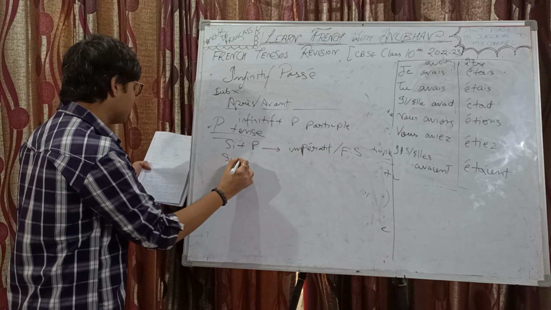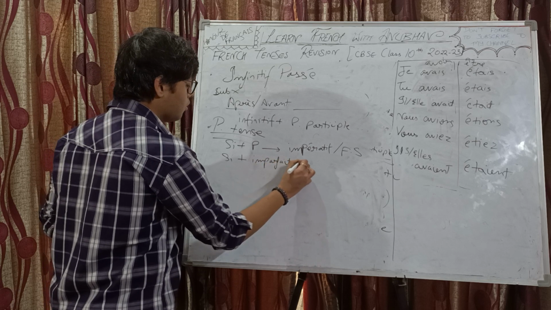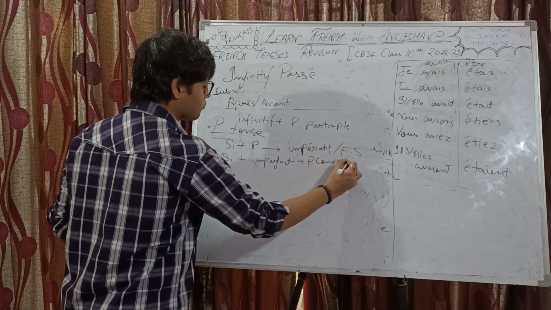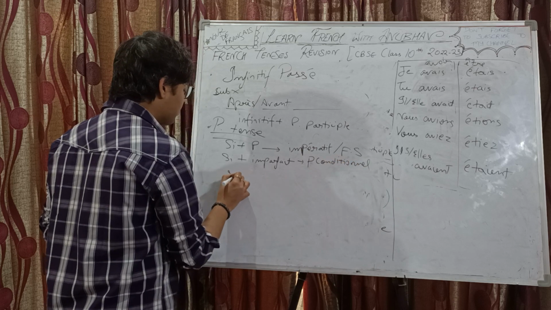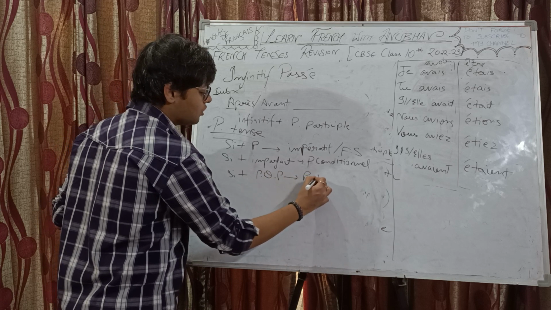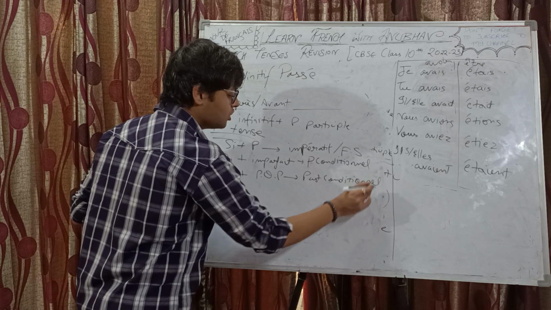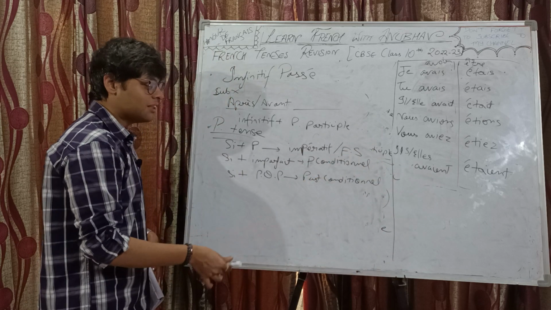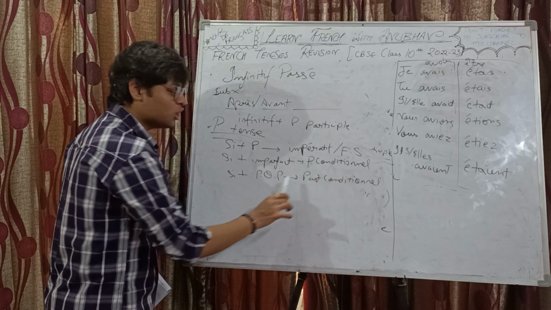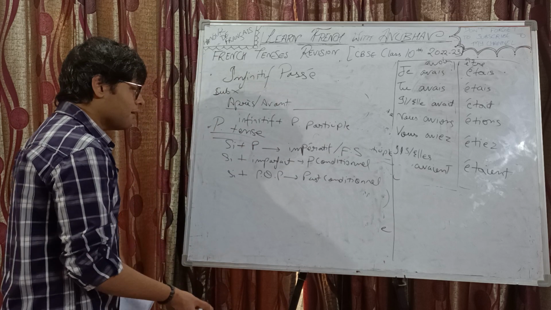Si plus imparfait is present conditional. And si plus plus-que-parfait is past conditional. Conditional passé, I don't think it's there in the syllabus for this batch. But anyway, we can discuss this much: past conditional is subject plus present conditional of the auxiliary verb plus past participle plus the subject-verb agreement if applicable.